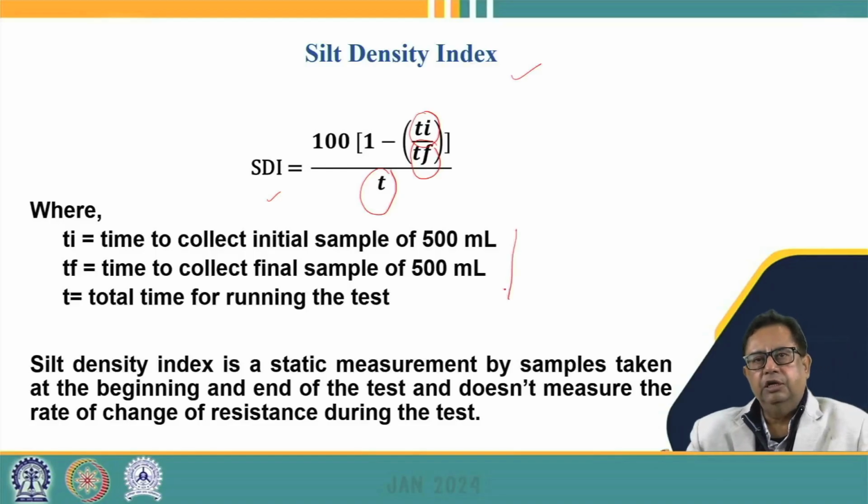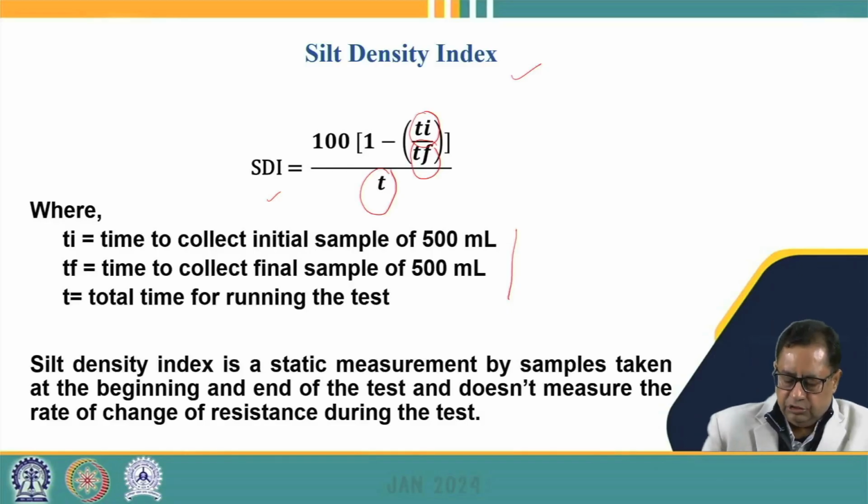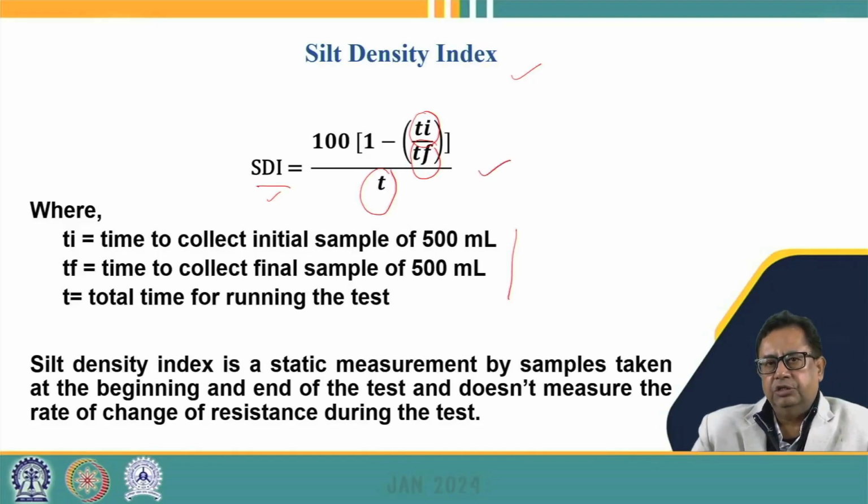So we collect the initial 500 ml sample and note how much time is taken for 500 ml initially to be filtered. Then at the end of the experiment also we collect a 500 ml sample. Then we calculate the silt density index, and it gives us a measure of whether the water can be treated efficiently by the nanofiltration or RO process or not.